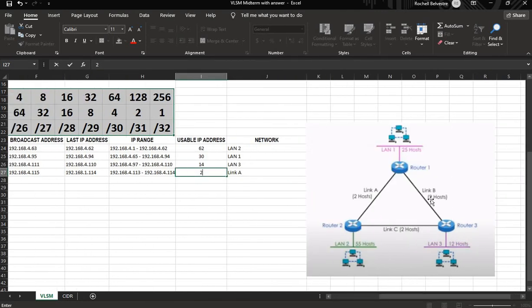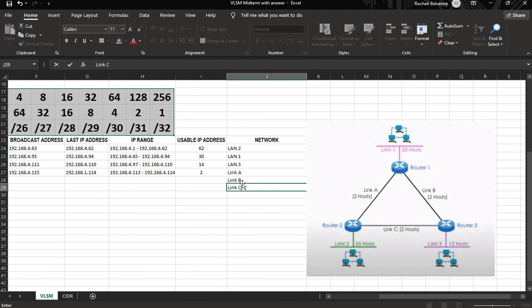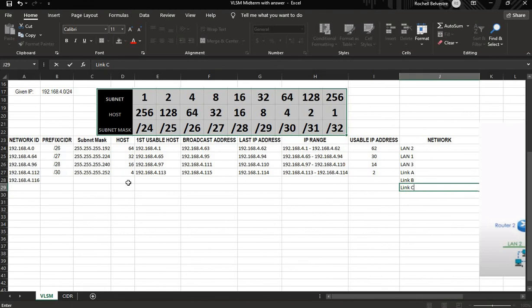Now let's proceed to link B, and then the last one is link C. Of course, we only need 2 usable IP addresses, so again we're going to use the /30, the 4 hosts.